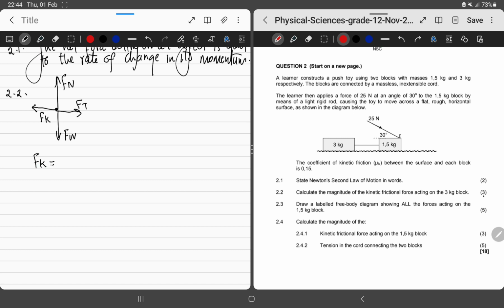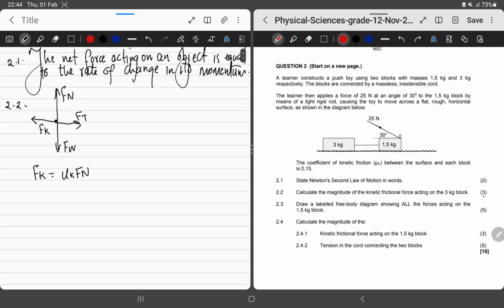Fk is equal to μk multiplied by the normal force. The normal force is in the y component, so the sum of the forces on the y component is equal to 0. The system is moving to the right, so there's no movement in the y component. That's why the acceleration is 0.